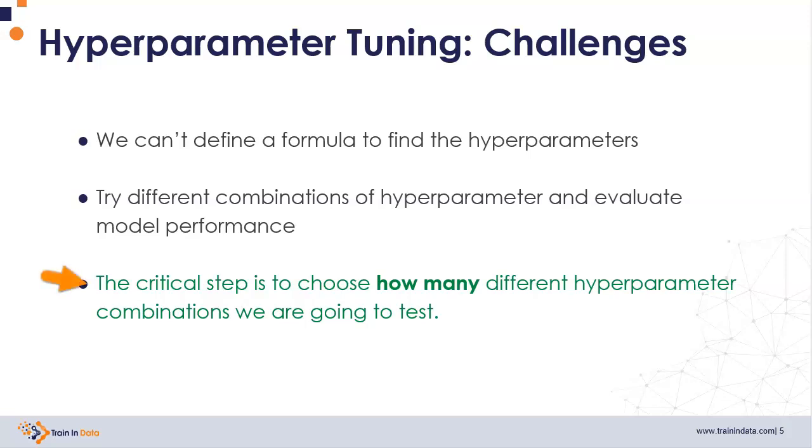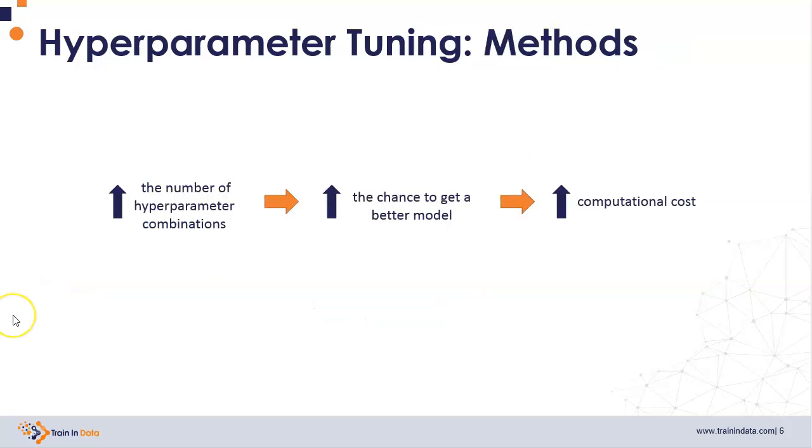So the critical step is to choose how many different hyperparameter combinations we're going to test. Intuitively, we would think that the higher the number of hyperparameter combinations, this is the more hyperparameters we test, the greater the chance to get a better performing model. And this is true to some extent, but also the greater the computational costs.